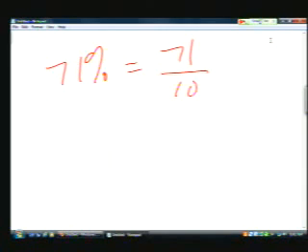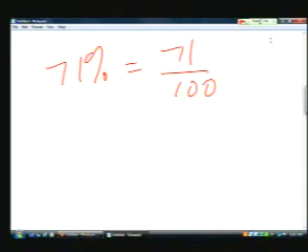Now, we've got to talk about ratios and proportions. Ratios and proportions are related to percents, by the way, because really, a percent is a ratio. In fact, when we say a particular percent, let's say 71%, 71% is a ratio that means 71 out of 100.